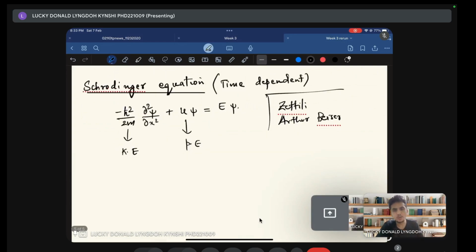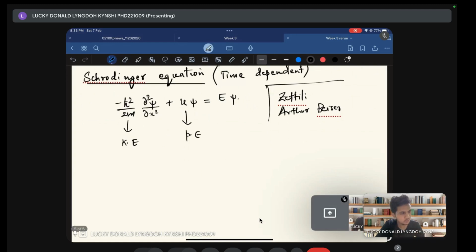The other Schrodinger equation is the time independent Schrodinger equation.